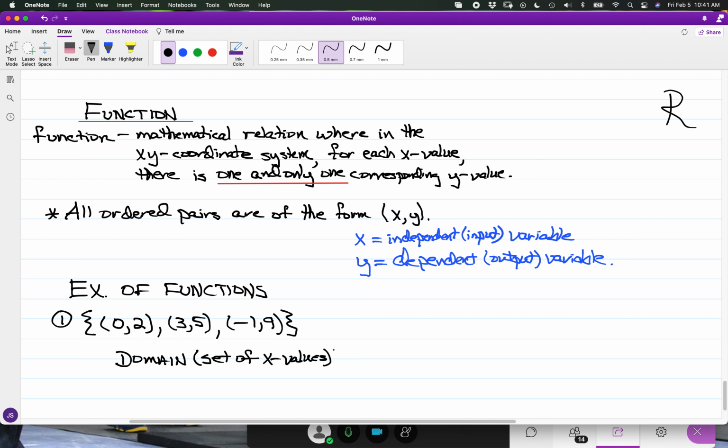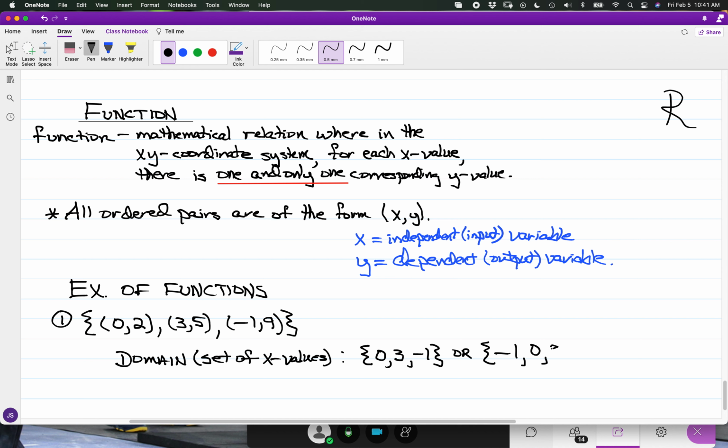If I express it as a set, the domain is 0, 3, and -1. You can write those values in the order that you see them. But if you looked at the back of the book and noticed a different sequence, very likely you're just going to see the numbers in order from smallest to largest.